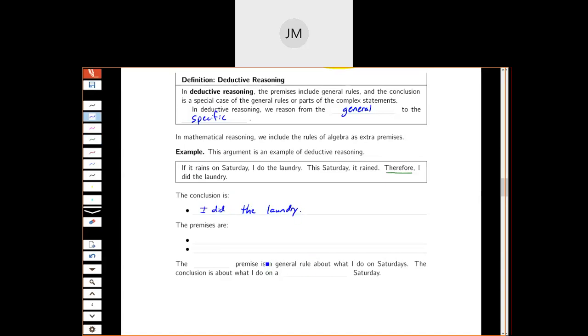So the premises are the other statements. One of these statements is a compound statement. We'll talk about this more in detail later, but it's the statement, "If it rains on Saturday, I do the laundry." That's one of our premises.